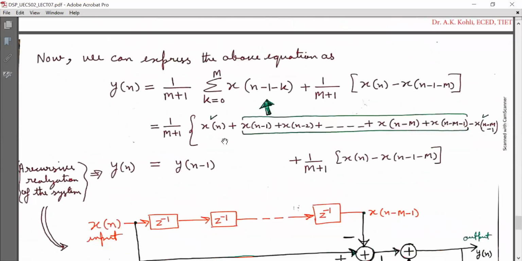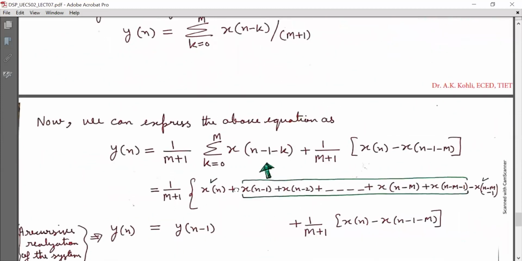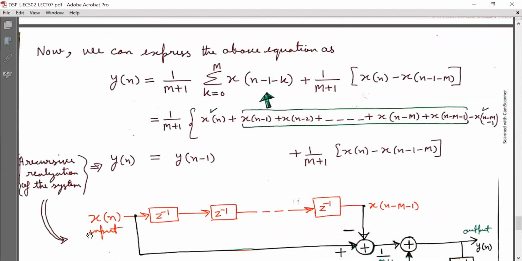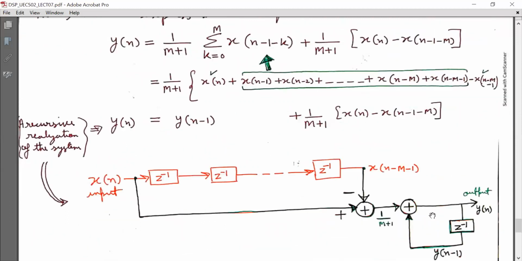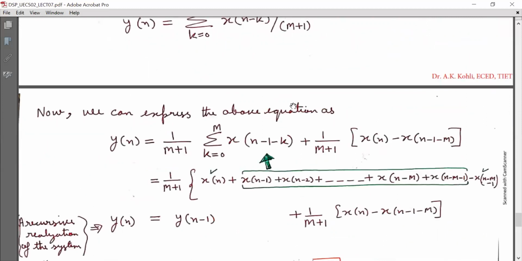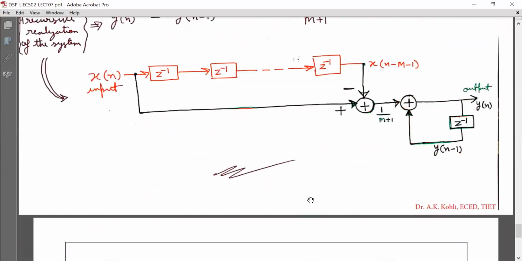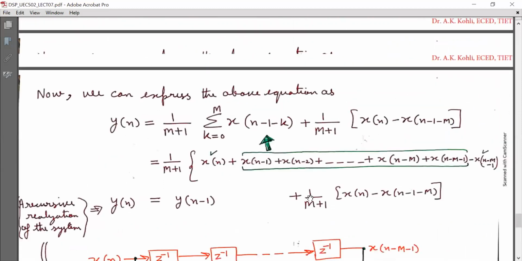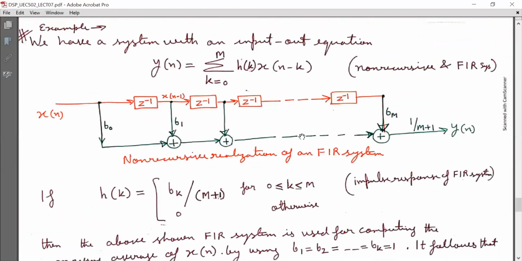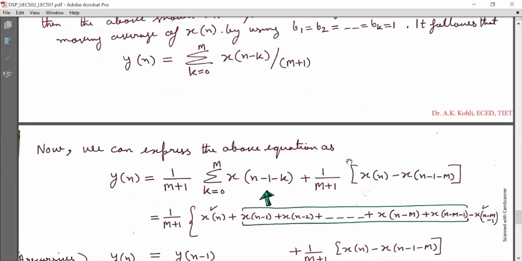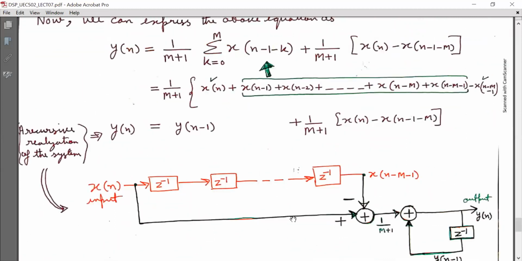I can realize this equation through recursive realization also, like this. Here it is the recursive part. So this is how FIR systems are implemented, and this is how we can generate recursive systems.